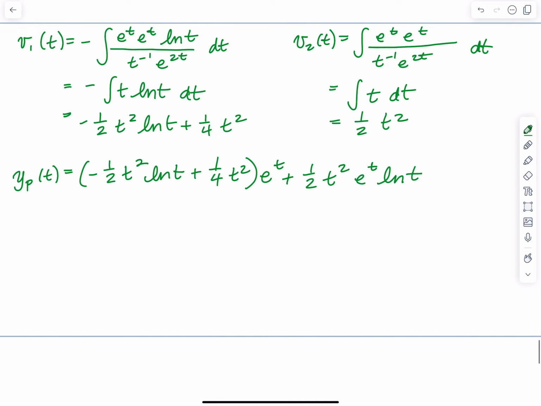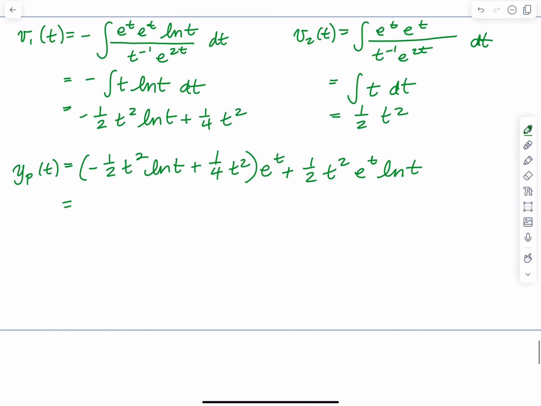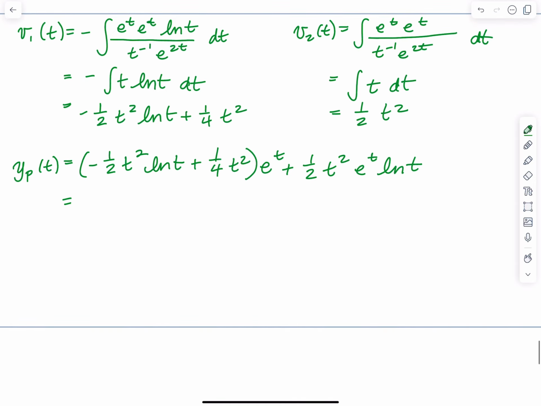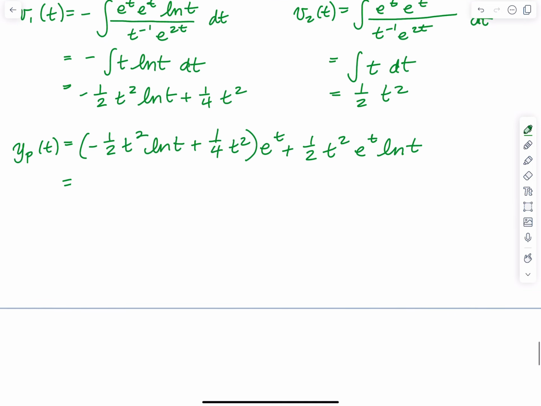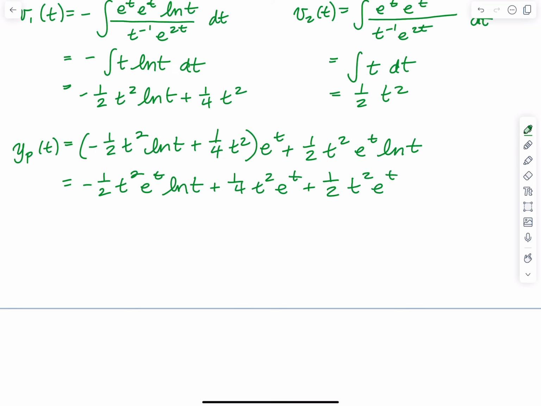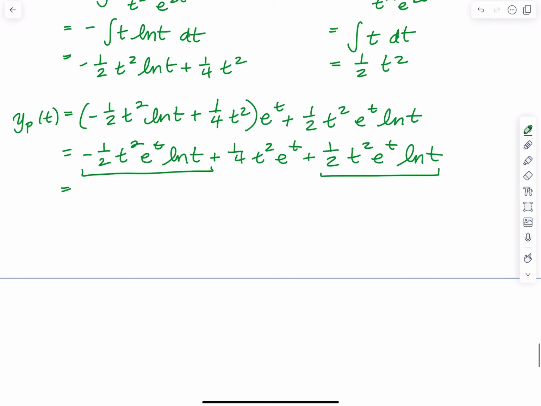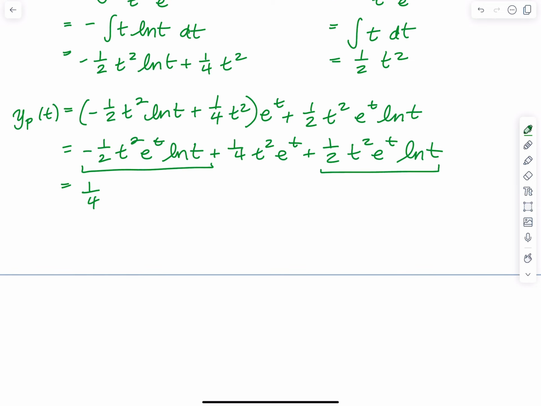And if you simplify this, you will see that it comes out to 1/4 t squared e to the t. So I'll go ahead and write it out: negative 1/2 t squared e to the t ln of t plus 1/4 t squared e to the t. And then here is our positive term. That cancels with that term, and we come up with our particular solution as 1/4 t squared e to the t.